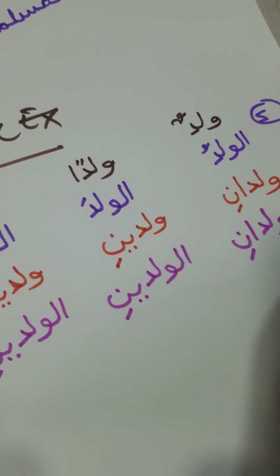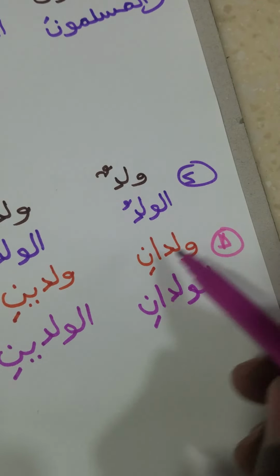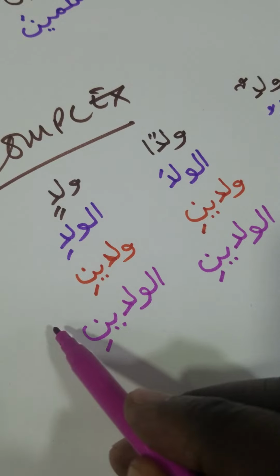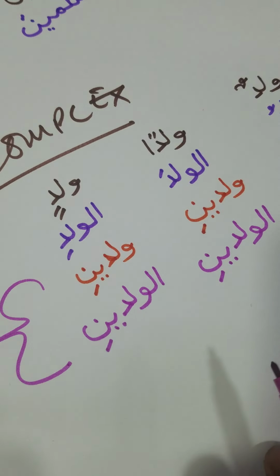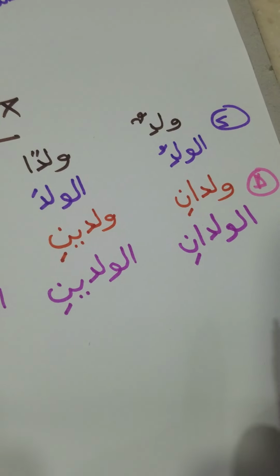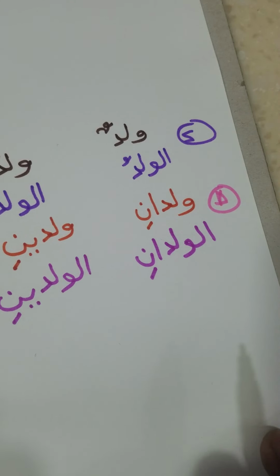Okay, so you can now see what the duo looks like. This is the duo. Pretty much easier if you pay some close attention to it.